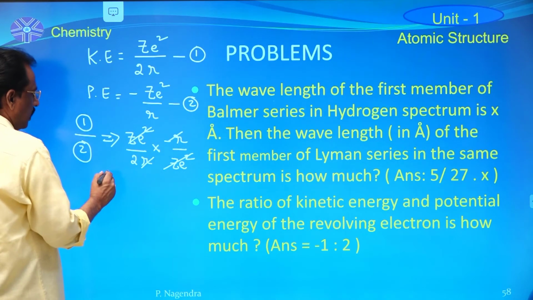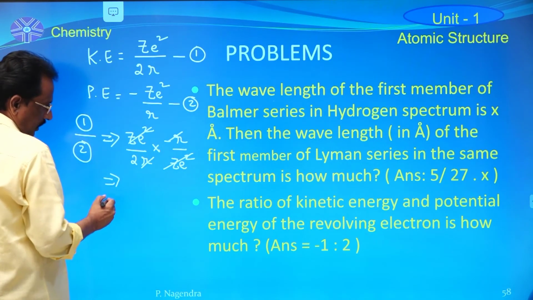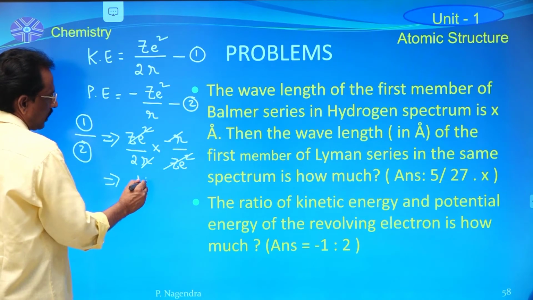R and R cancel together, so the ratio is minus 1:2.